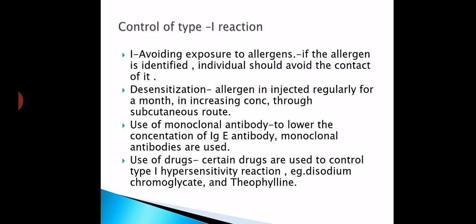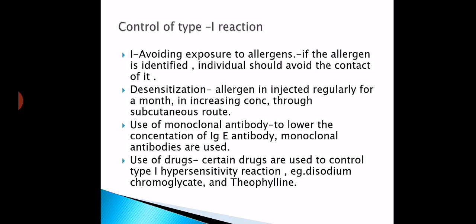If the concentration of IgE antibodies decreases, then IgE antibodies will not be available to bind on the mast cell surface, and if they do not bind on the mast cell surface, there will not be any degranulation and no release of mediators, so there will not be allergy. In this way, we can use monoclonal antibody to lower the concentration and indirectly control the type 1 reaction.